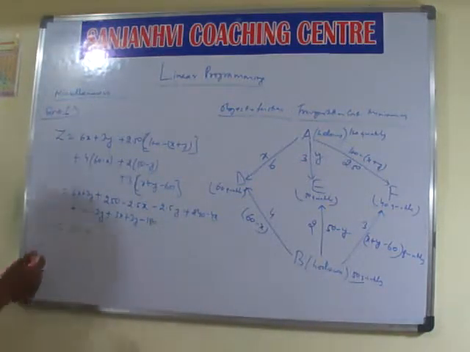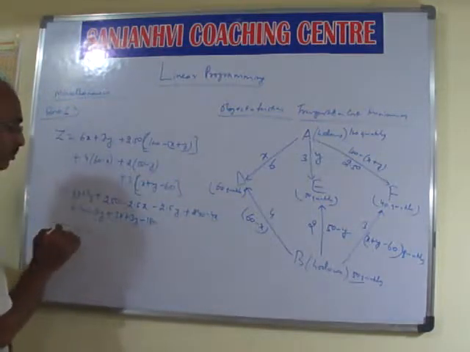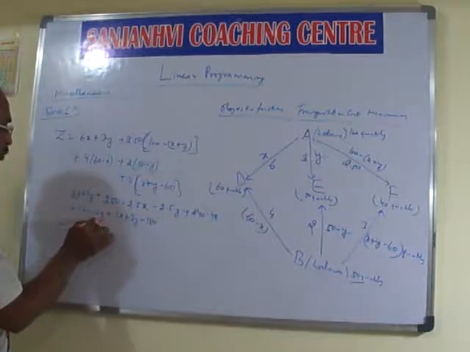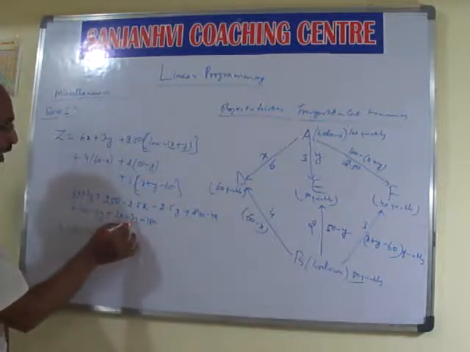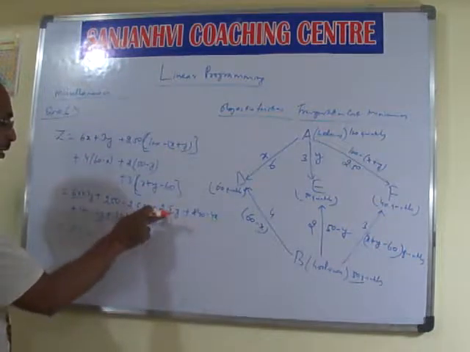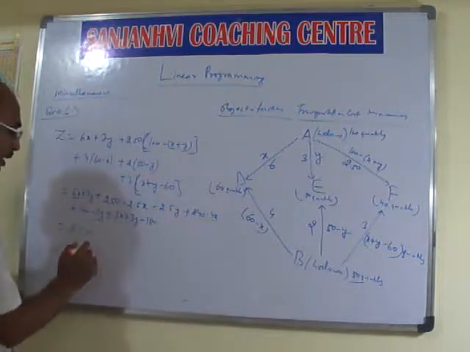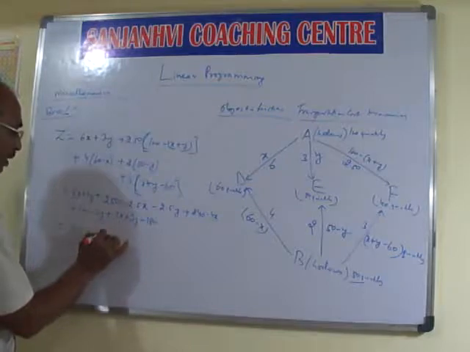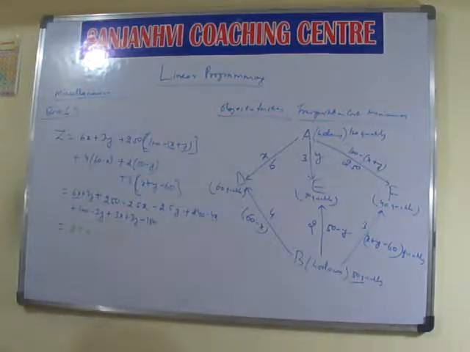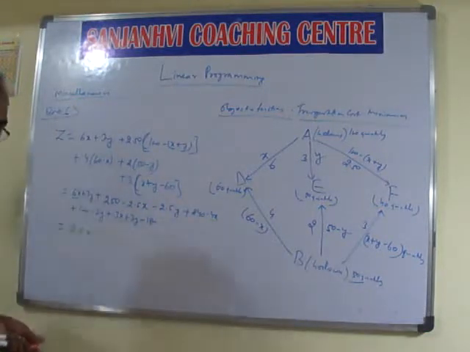Now y. 3y and here 1y minus 2y, so 1y plus 3y is 4y. 4y minus 2.5y gives 1.5y. Very good. The remaining things we now have to solve. So 250.